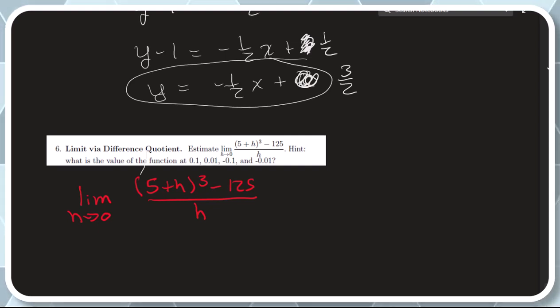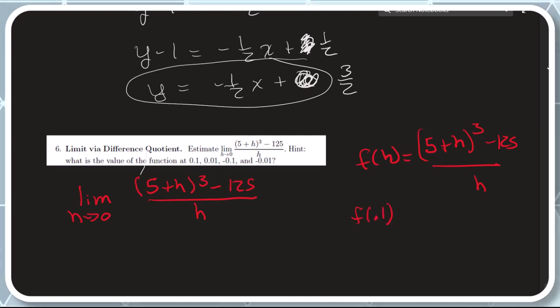So for example, if I say f of h equals (5 plus h) cubed minus 125 over h, and I find f of 0.1, so I take 5.1 cubed minus 125 and divide it by 0.1, I get 76.51.